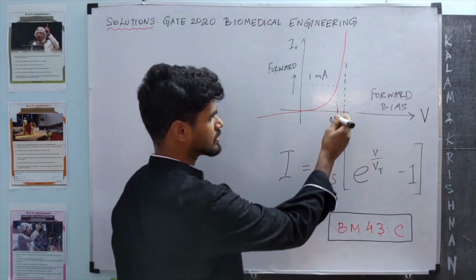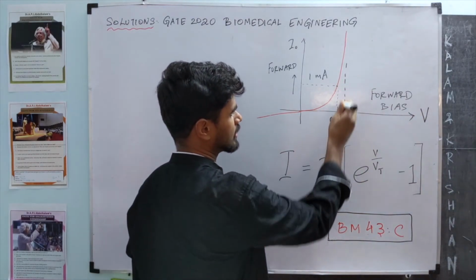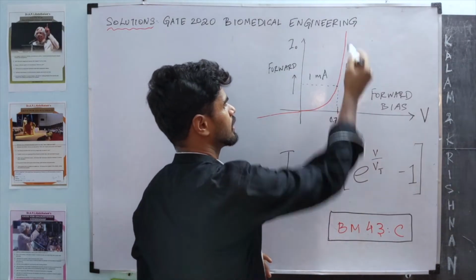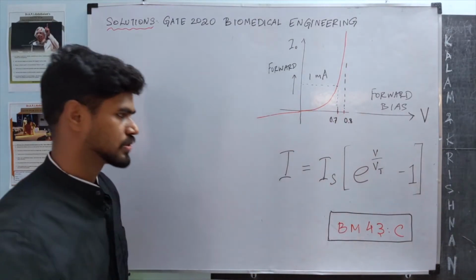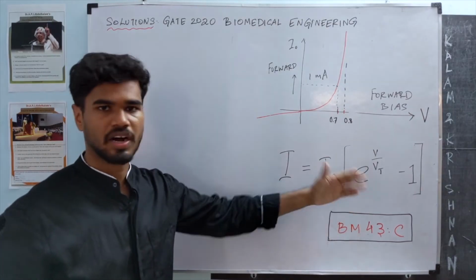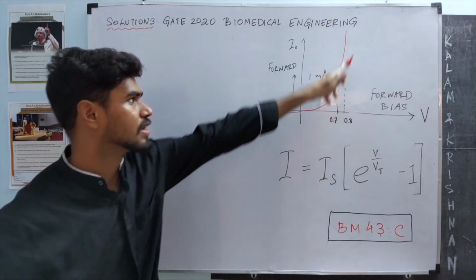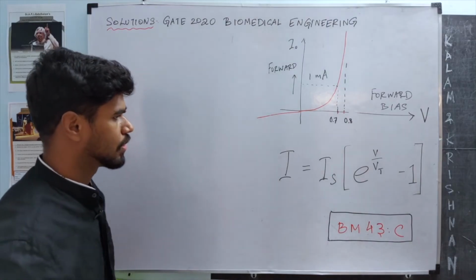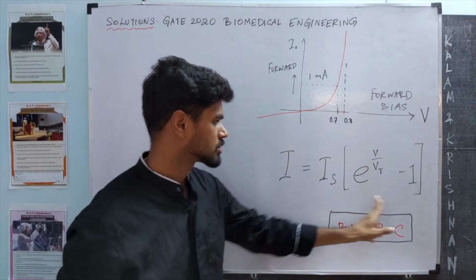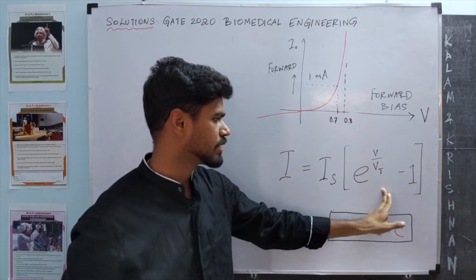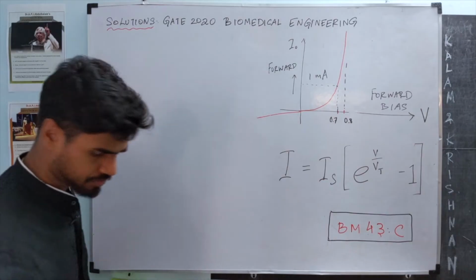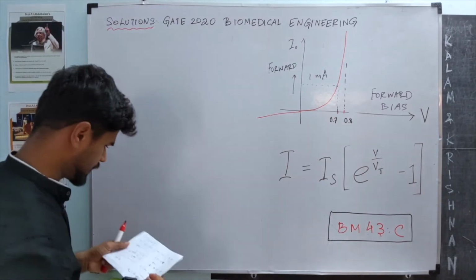And they have said what the current is at 0.7 volt. They want the current at 0.8 volt. So just use this relation and find the current. And while doing that, it would help to make an approximation here, which is this term is usually very big compared to 1. So we can neglect minus 1. So let me do that.